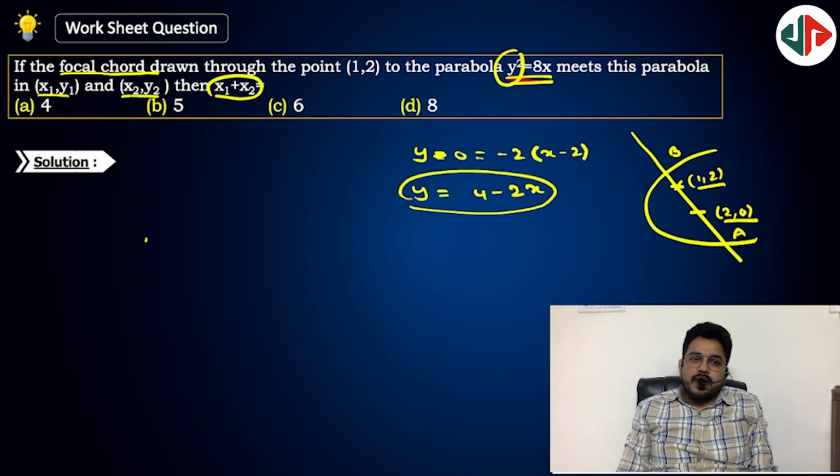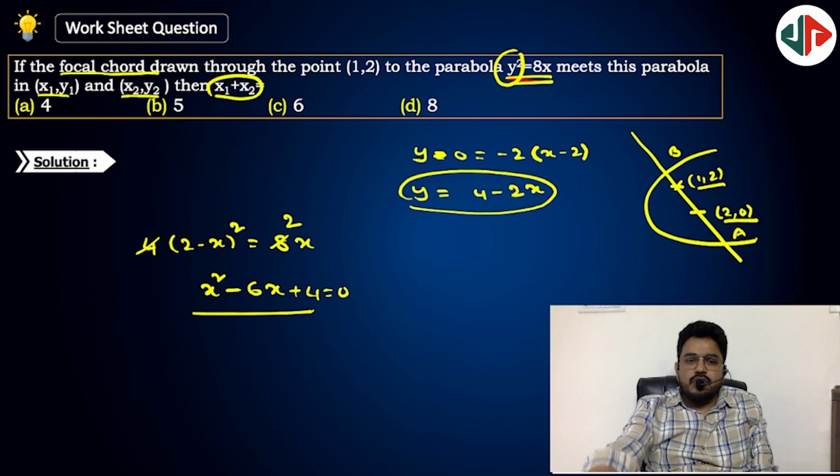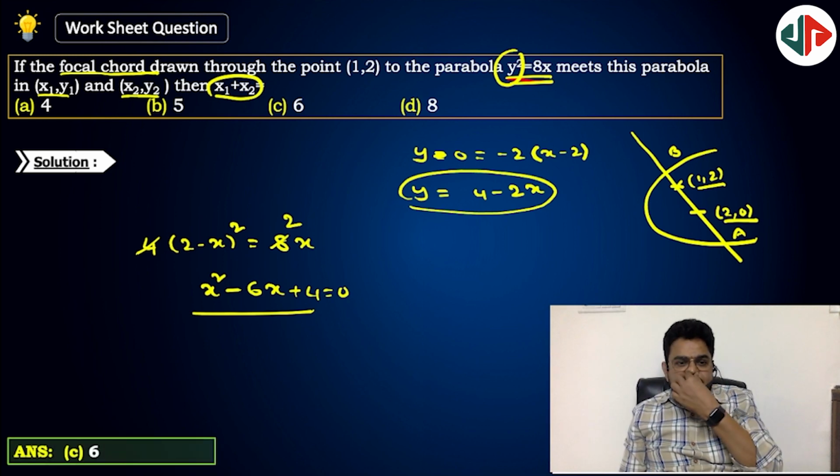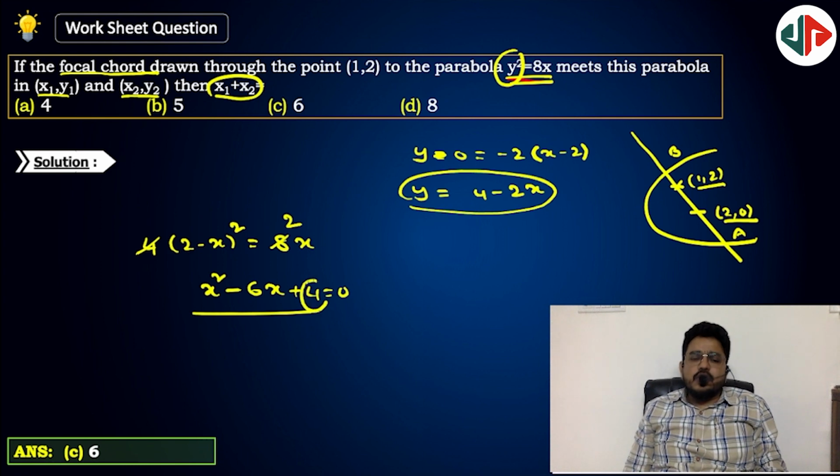So y square: 4 times 2 minus x whole square is equal to 8x. 4 ones are 4, 4 twos are 8. So you are going to get x square minus 6x plus 4 is equal to 0. What is x1 plus x2? x1 plus x2 is equal to 6. And x1 x2 is going to be 4.